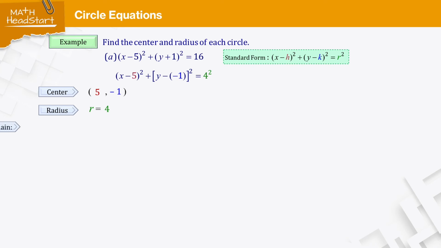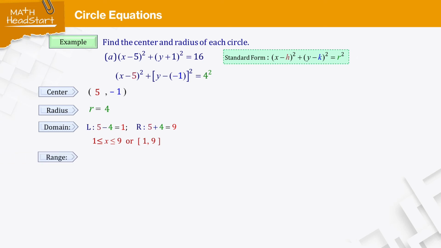To calculate the domain, we use the x value at the center, which is 5 in this case, and the radius is 4. For the left limit, 5 minus 4 to get 1, and 5 plus 4 to get the right limit of 9. Both edge values are included, so it should be expressed with a square bracket in interval notation as shown.